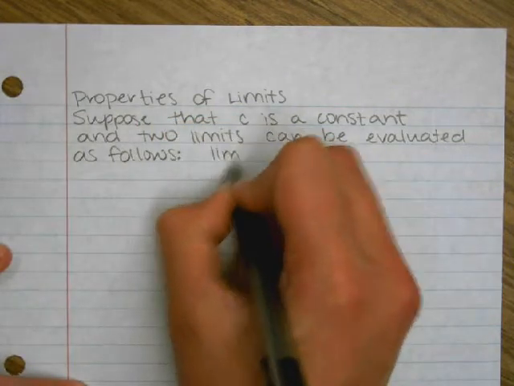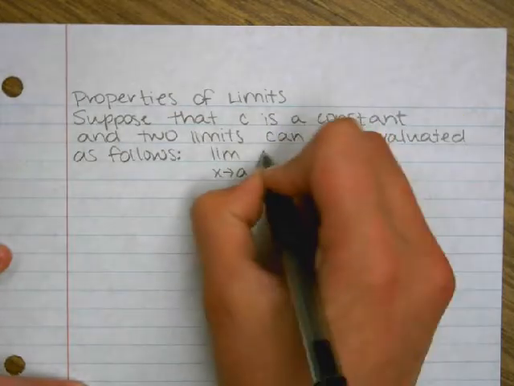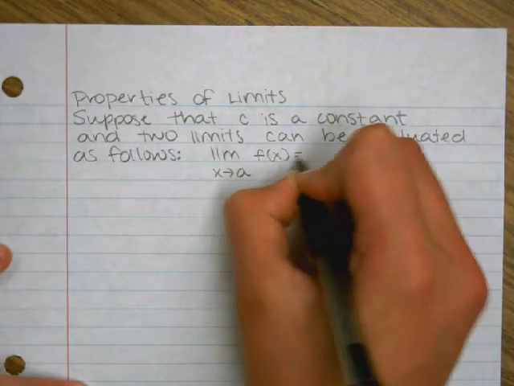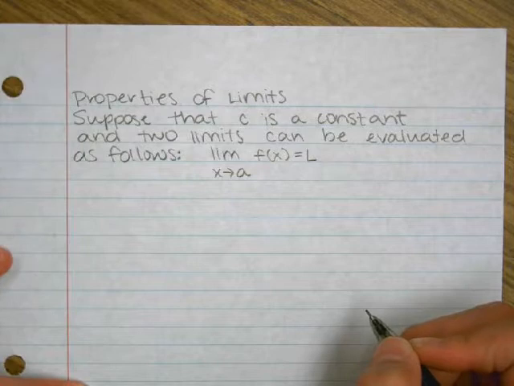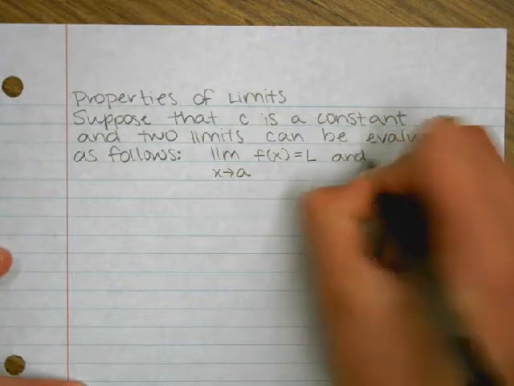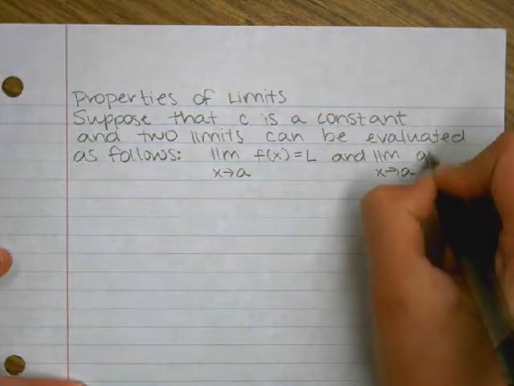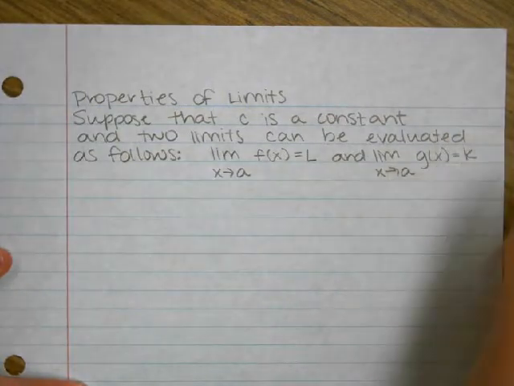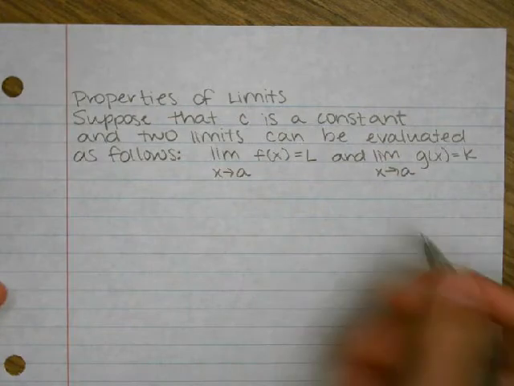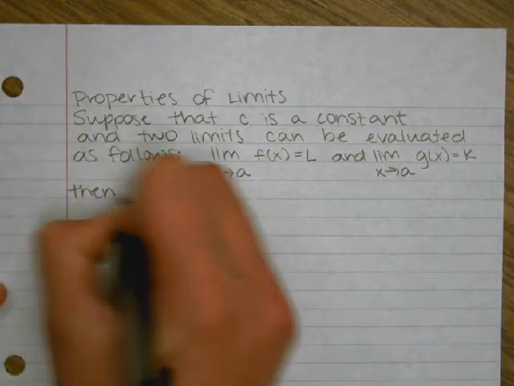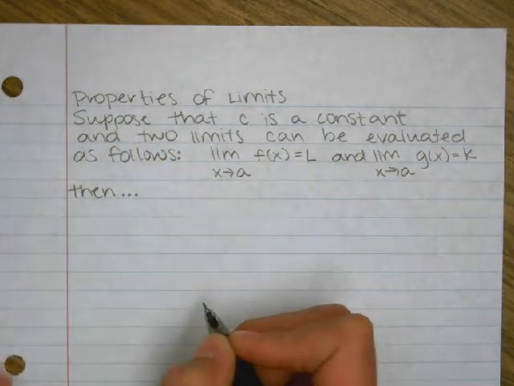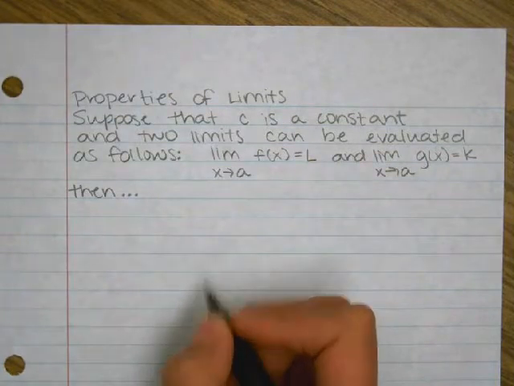The limit as x approaches a of the function f of x equals L, and the limit as x approaches that same value a of another function g of x equals k. Then, if those things are true, we have these different properties of limits that will also be true.